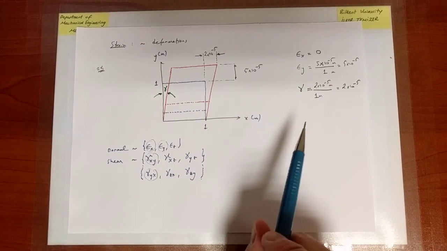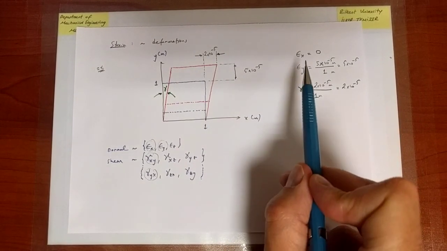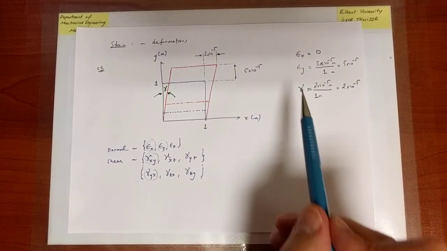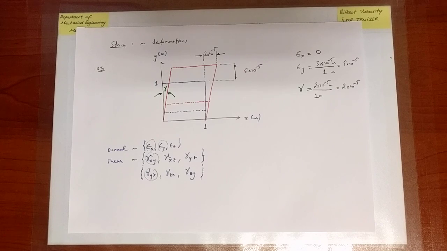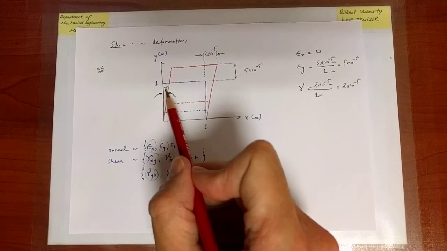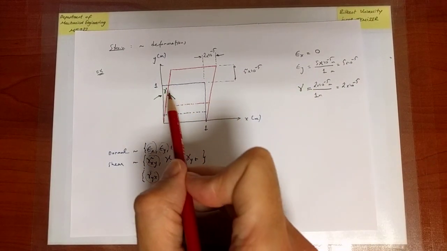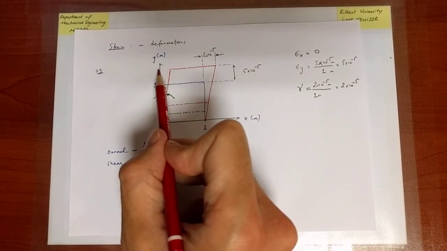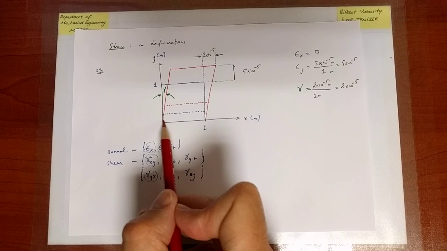So now let's come back to two issues associated with epsilon y and gamma calculation. First of all, I am saying that the angle is approximately equal to its tangent, which is approximately equal to simply this distance, not divided by the whole distance, but over 1.